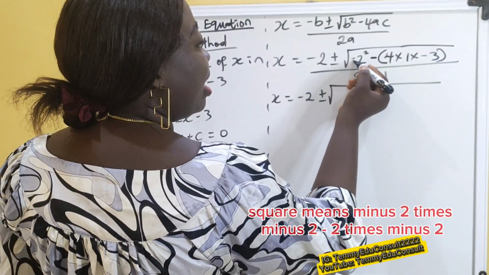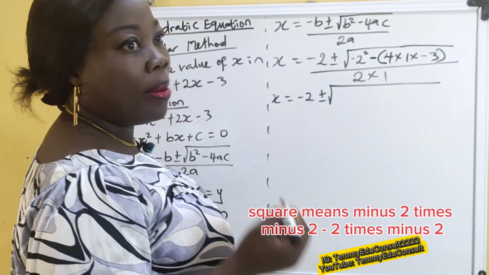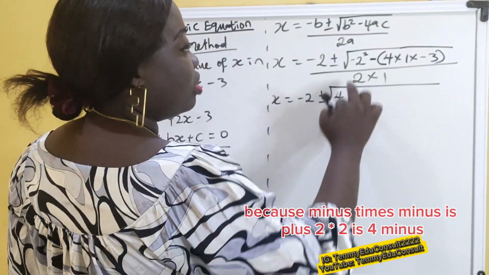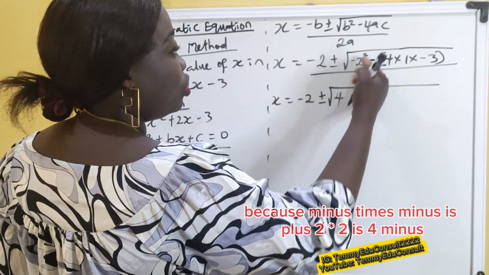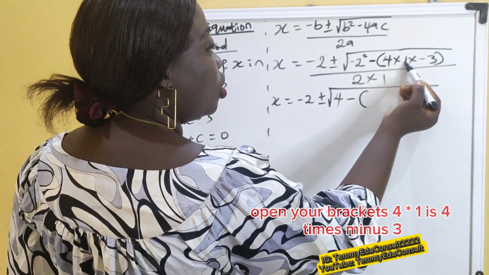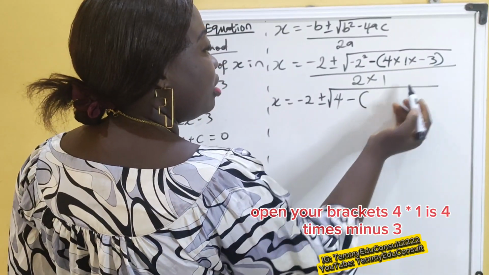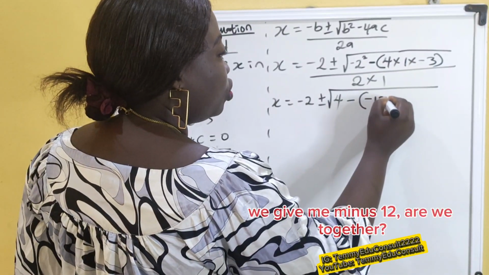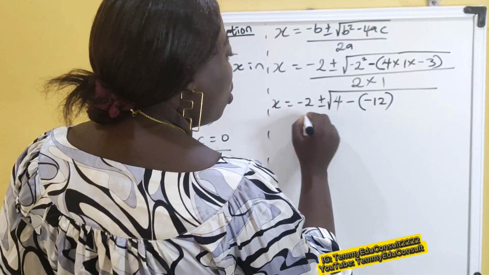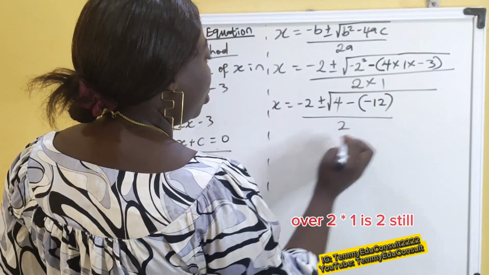Minus 2 squared means minus 2 times minus 2. Minus 2 times minus 2 will give me 4, because minus times minus is plus, 2 times 2 is 4. Minus, open your brackets, 4 times 1 is 4 times minus 3 will give me minus 12. Are we together? Over 2 times 1 is 2.